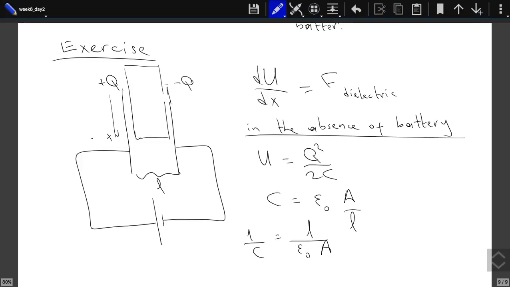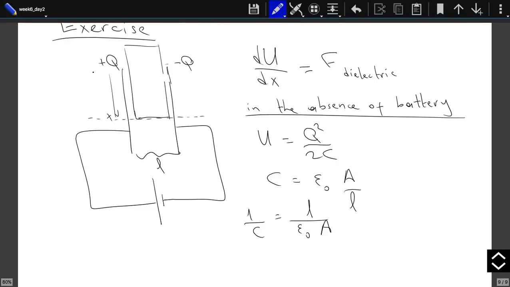Now I can imagine that I divide this whole thing into two capacitors, one with a dielectric, the other one without a dielectric. If the total length is, let's say, L, then, calling this part C1 and this part C2, 1 over C1 will be L over kappa epsilon 0 A, kappa being the dielectric constant.